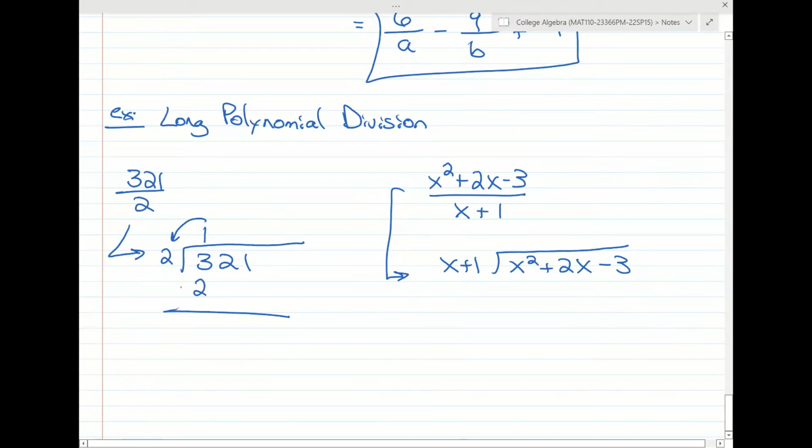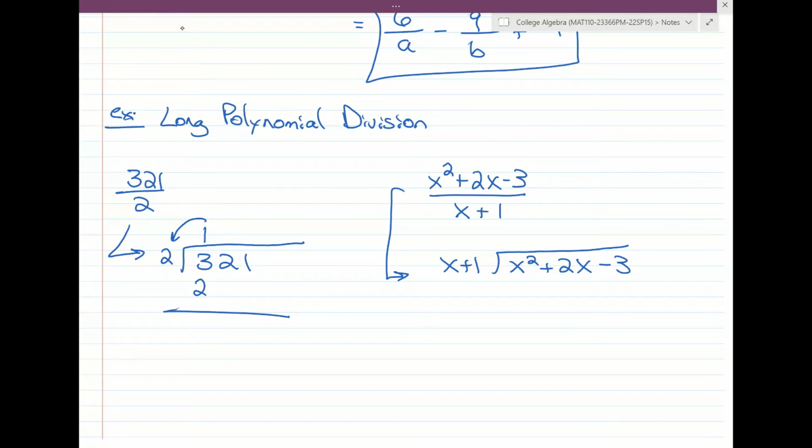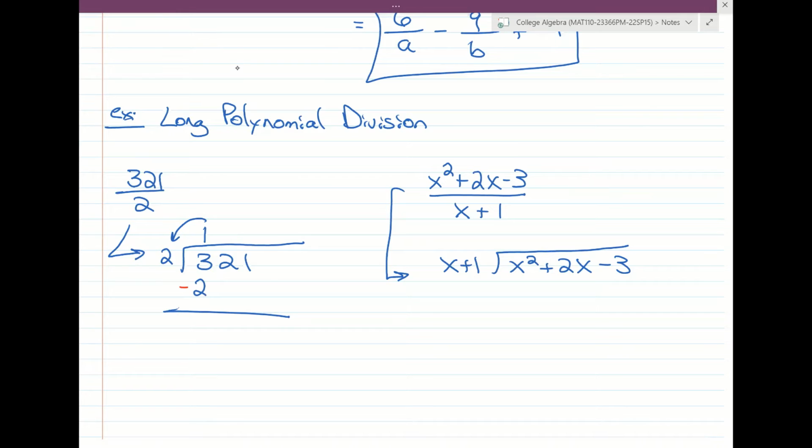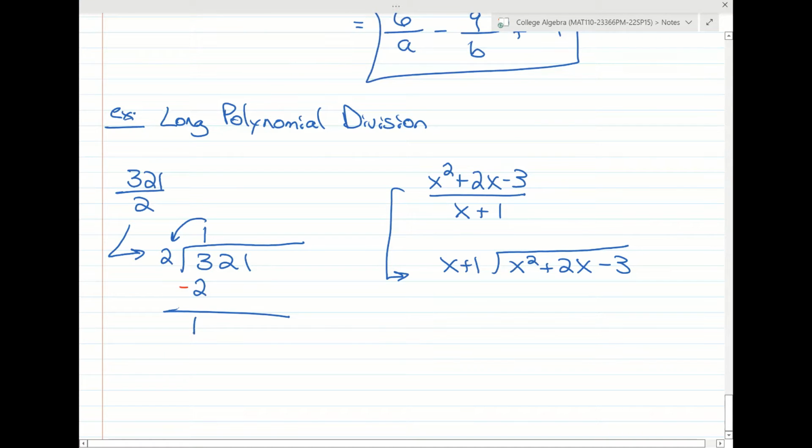Then we subtract, and we get 1. Bring down the 2. 2 times what is 12? The answer is 6.